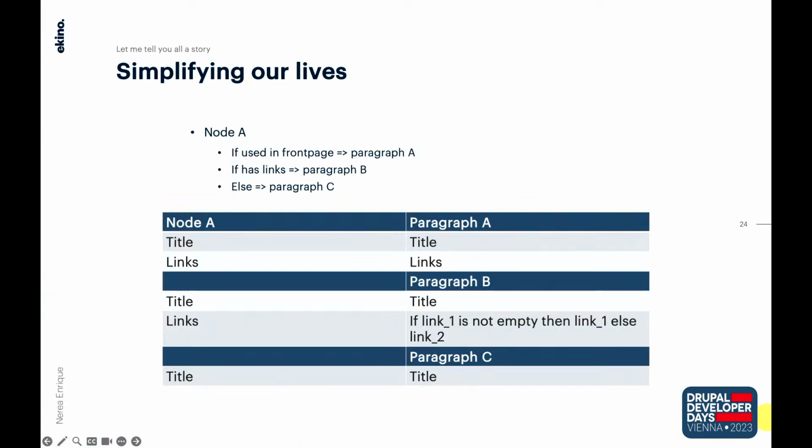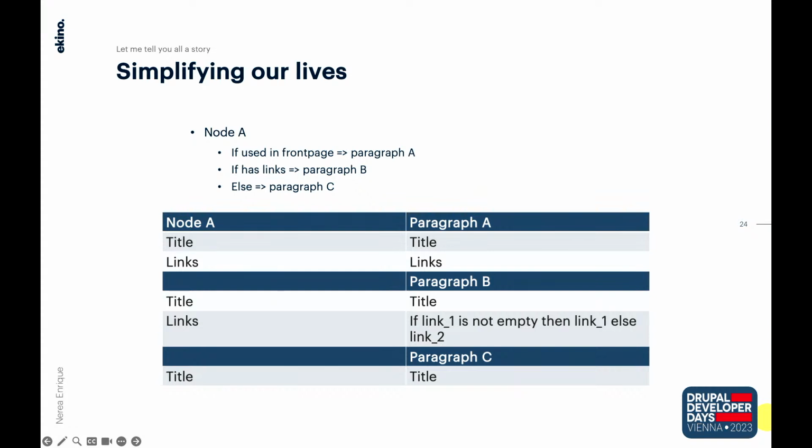This is a real example, the simplest I could find to show you what it could look like. Let's say I have a node, and as I said before, they use nodes as paragraphs or blocks. So in our new Drupal, it was going to be transformed into a paragraph. So I have a node, and depending on some conditions, it's going to be some type of paragraph or another.